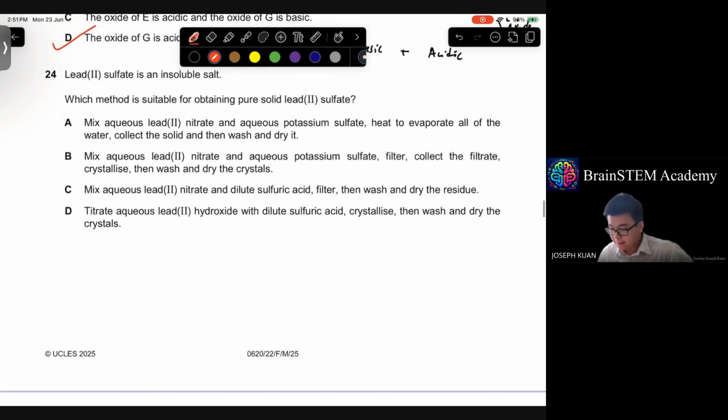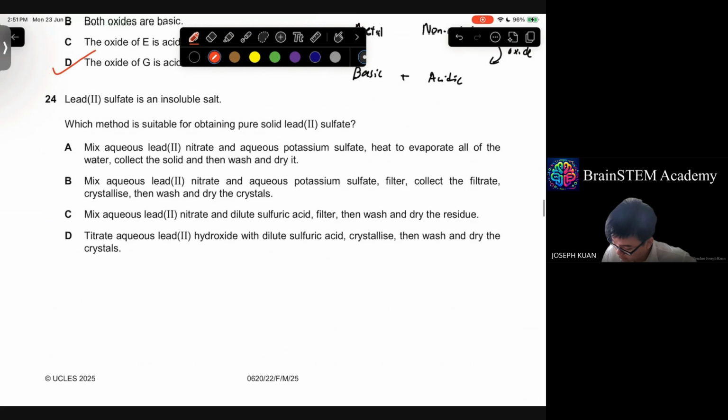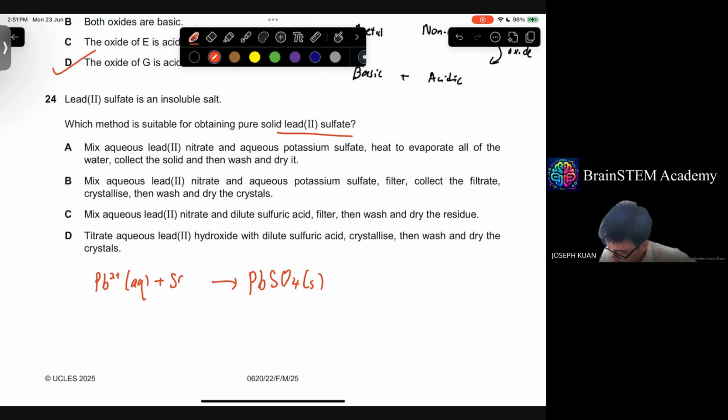24. Lead-2 sulfate is an insoluble salt. Which method is suitable for obtaining pure solid of lead-2 sulfate? Since lead-2 sulfate is an insoluble substance, to create that, we need to do a precipitation reaction, by mixing two soluble solutions of lead-2 and sulfate to create our insoluble lead-2 sulfate here.